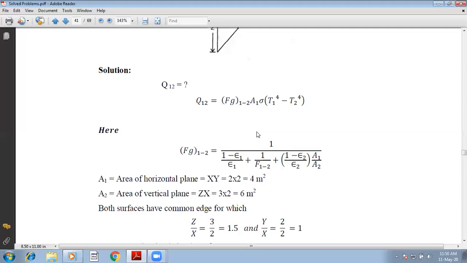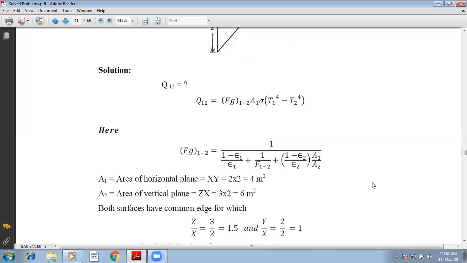In this case, you have two values. One is z by x, sorry, and the other is y by x.